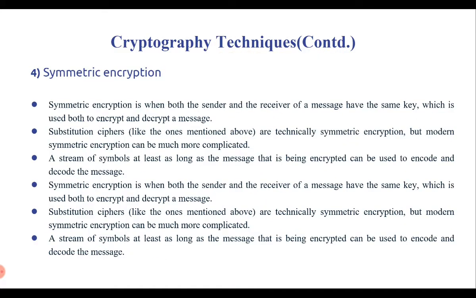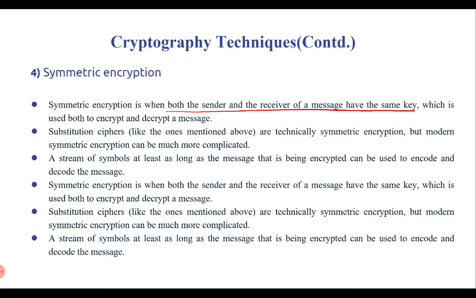Next, we will talk about symmetric encryption. It is done when both the sender and the receiver of the message have the same key, which is used to encrypt and decrypt the message. So substitution ciphers are technically symmetric encryption, but modern symmetric encryption can be much more complicated.